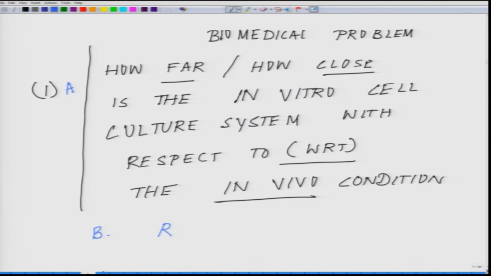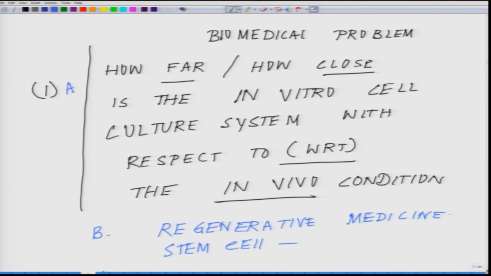I use this as regenerative medicine, which is one of the very fashionable topics currently, in stem cell differentiation and therapy. And which eventually may lead to artificial organs.